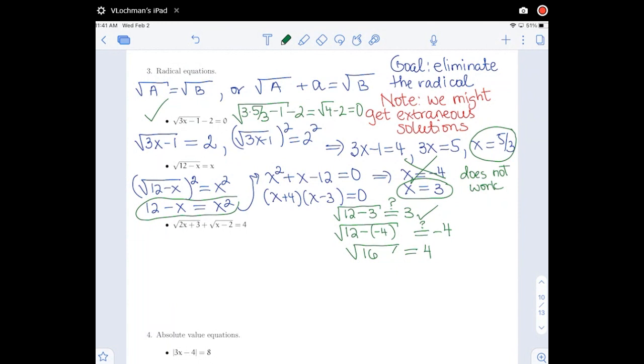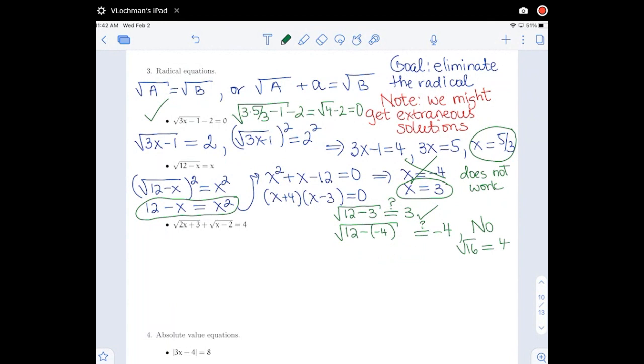That's the one you cross out and say, nope, I have one solution, and the solution is 3. So this is a no, because the square root of 16 is positive 4. All right, so problems 1 and 2 are done.